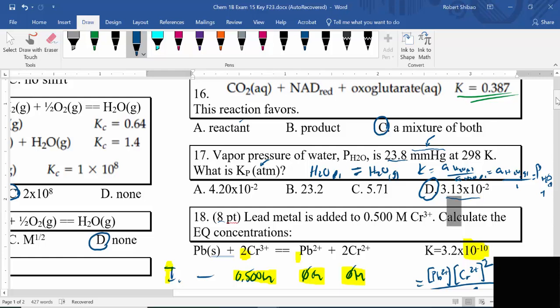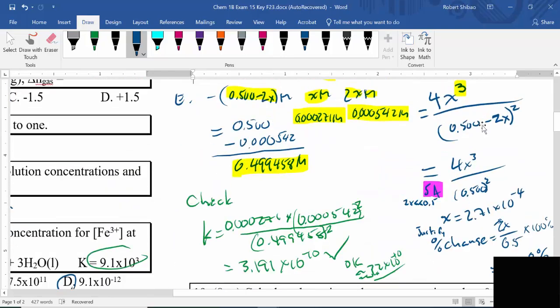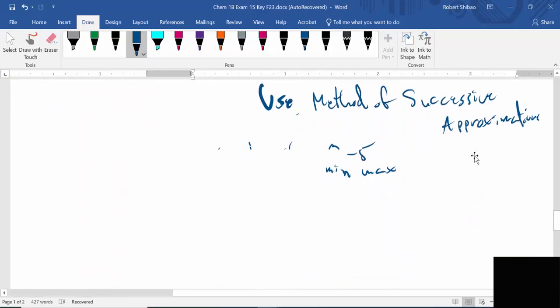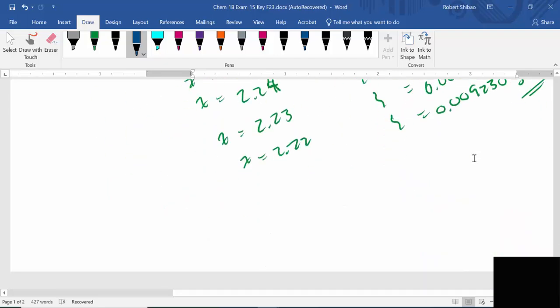Wow, all the pens have disappeared. Well, I'll write it on this here. Maybe it'll be easier.